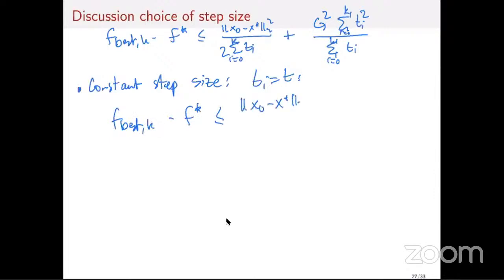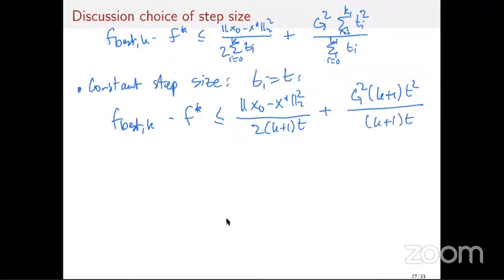So what you get is this divided by 2 times k plus 1 times t, plus g squared times k plus 1 times t squared divided by k plus 1 times t.